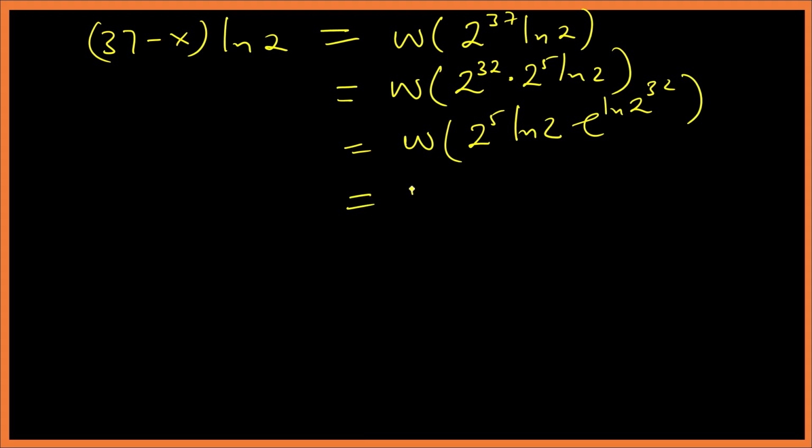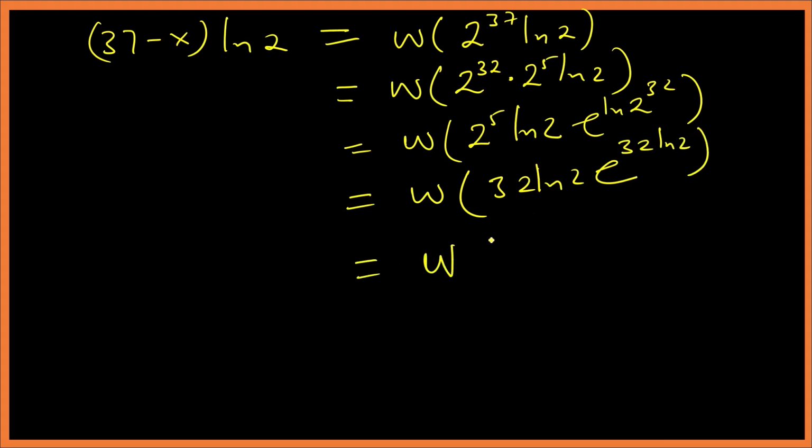So let's go again: W function of 2 to the power 5, which is 32, ln of 2, then e raised to 32 ln of 2. So when we take the Lambert W function of this one, the answer is the same: 32 ln of 2.